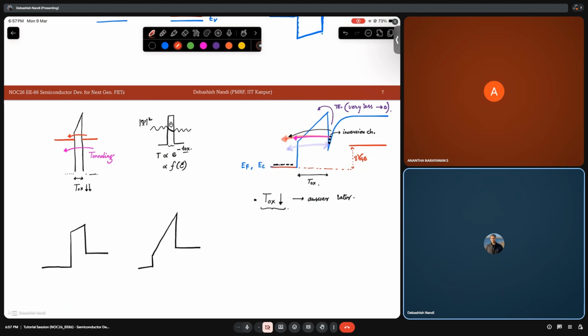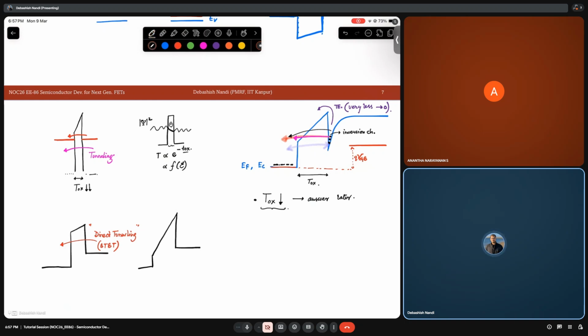This tunneling we call direct tunneling or band-to-band tunneling, BTBT.